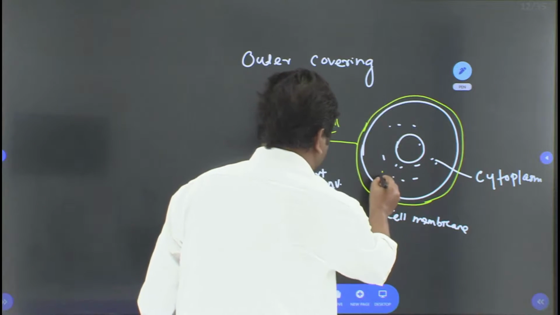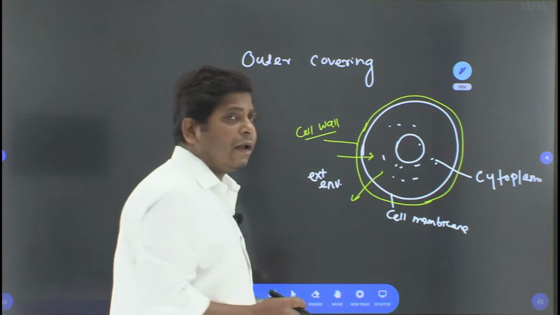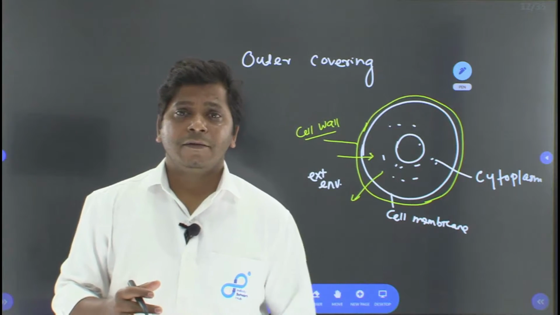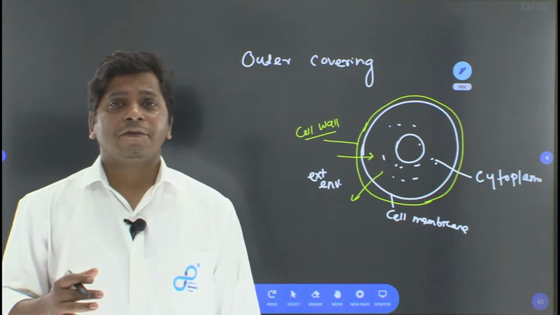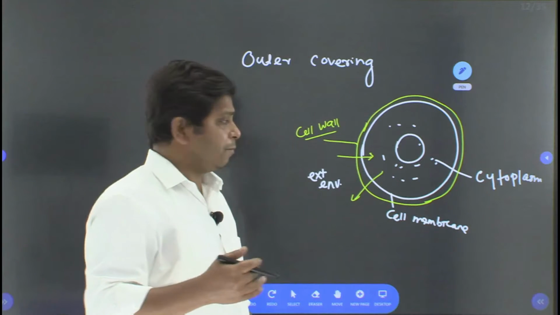That means some will come out and some will go in. It should not allow every molecule to come and go in and out of the cell. It should selectively allow certain molecules to go and certain molecules to come into the cell.